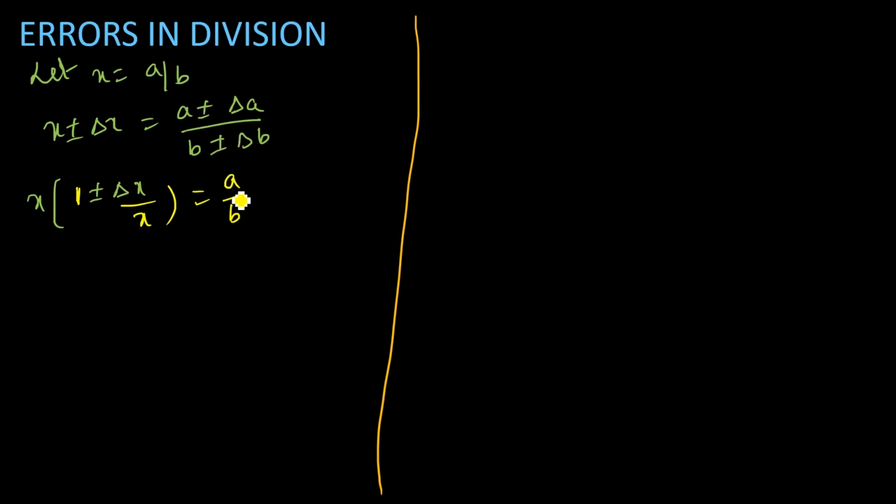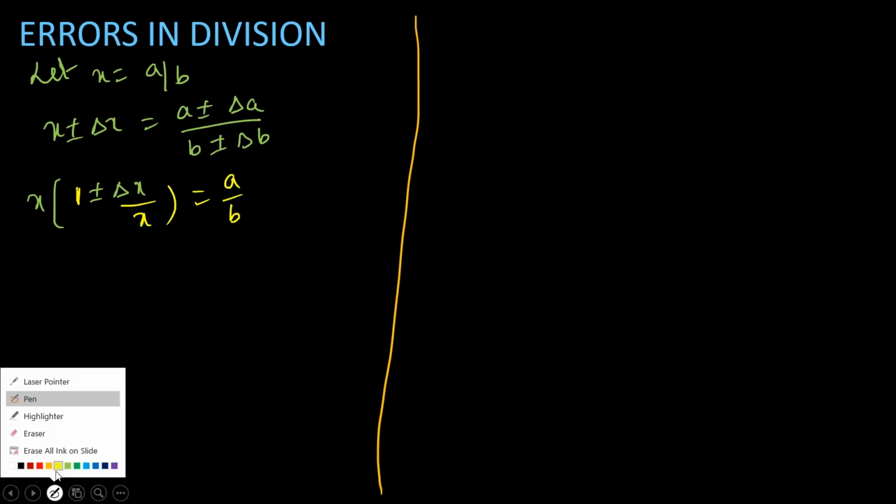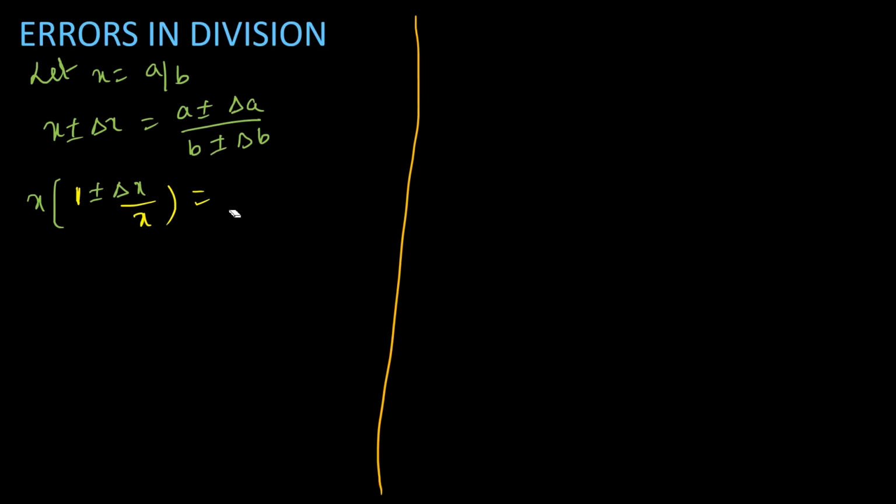Here we take a and b individually common: taking a common, we get 1 plus or minus delta a by a, and taking b common, we get 1 plus or minus delta b by b.